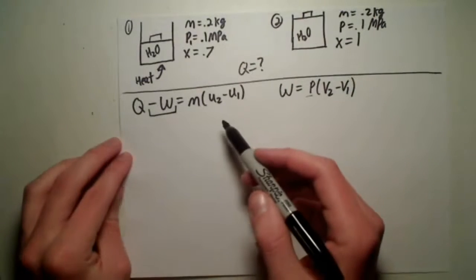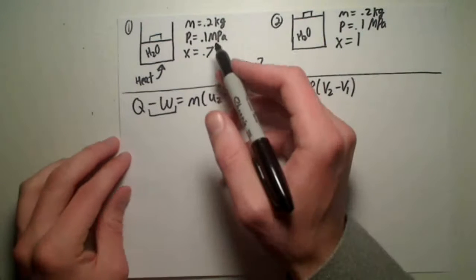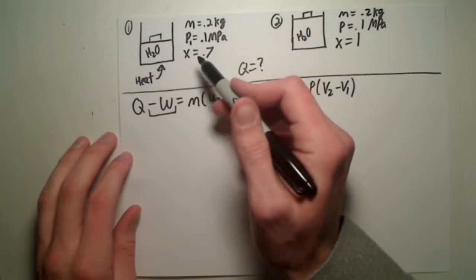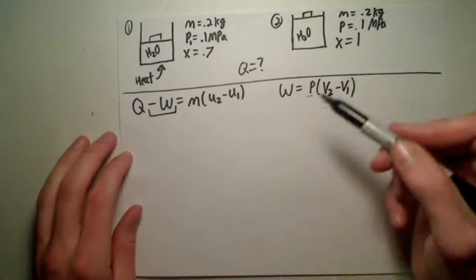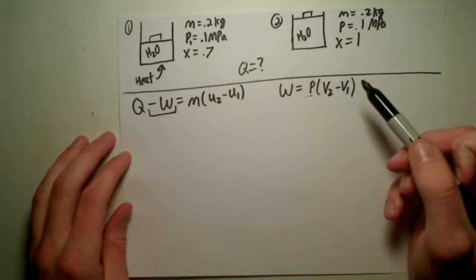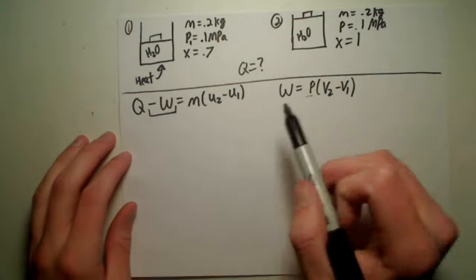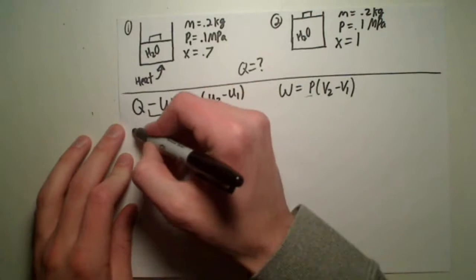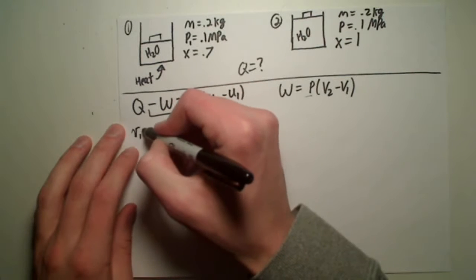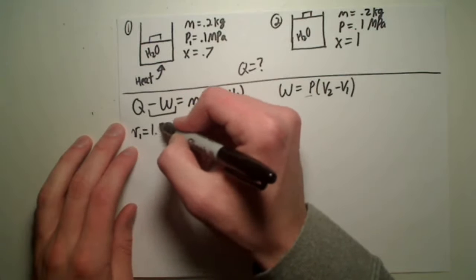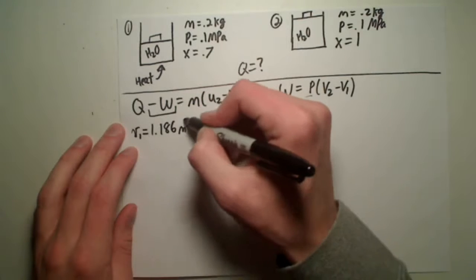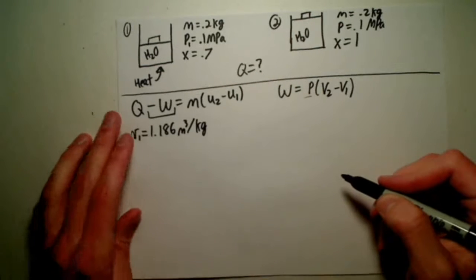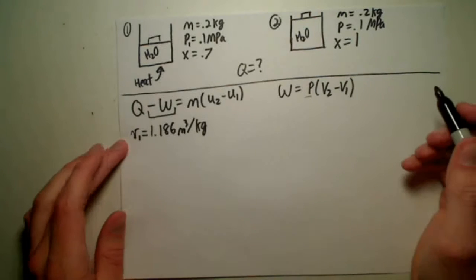So let's start off. Now if you just look up the values in the tables, I will just skip ahead. We know the specific volume of state 1 to be 1.186 meters cubed per kilogram. That's just done by using the quality and the specific volumes for the gaseous state and the liquid state.